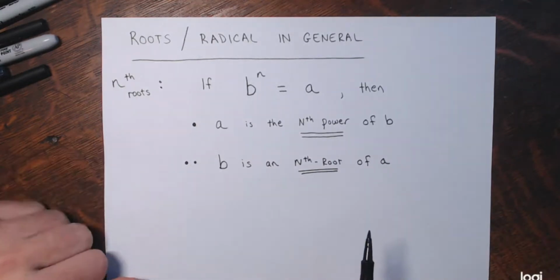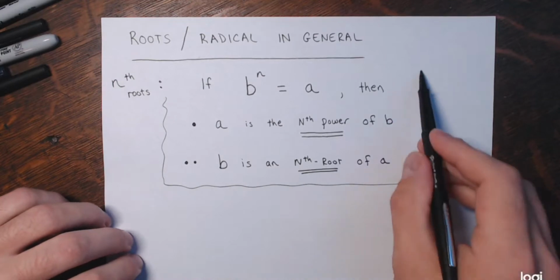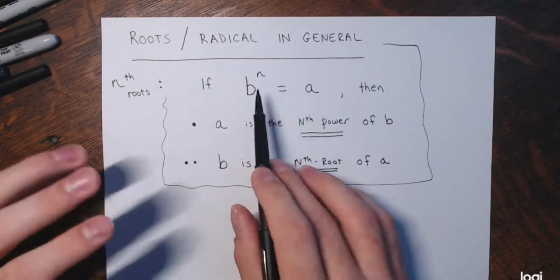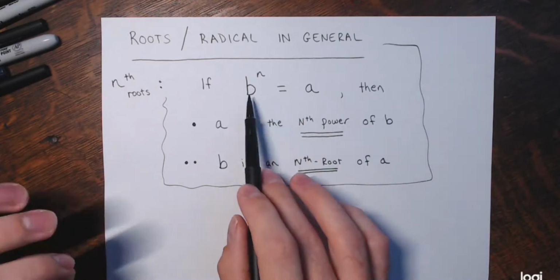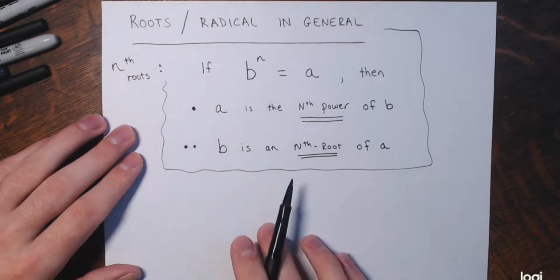Right, so pretty similar to squares. If b to the nth power is a, you say a is the nth power of b, and b is an nth root of a.